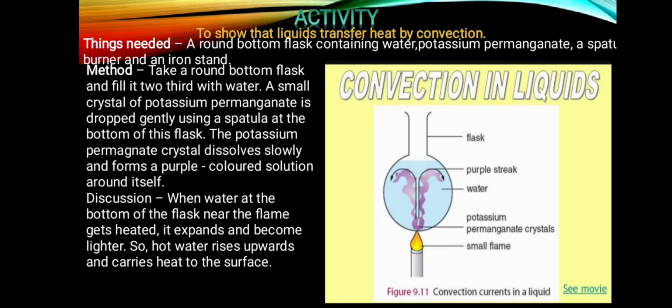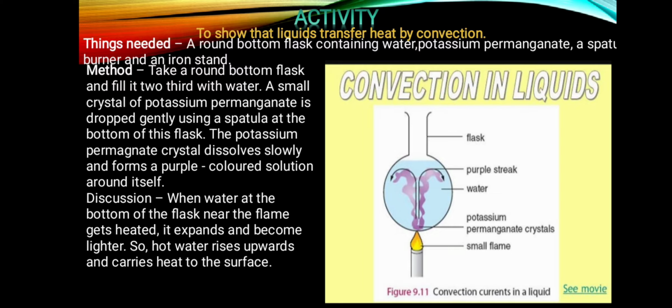You can see, children, when we provide heat to the water, the bottom water will heat first, then it will go up and the upper water, which is colder, will move downward from the sides. After some time, this also gets heated and rises upward and cold water from above comes down again.